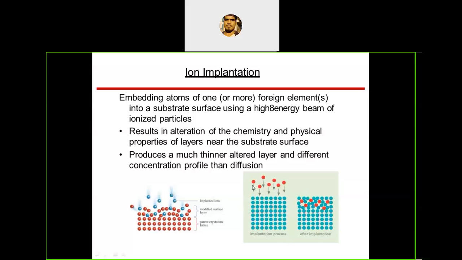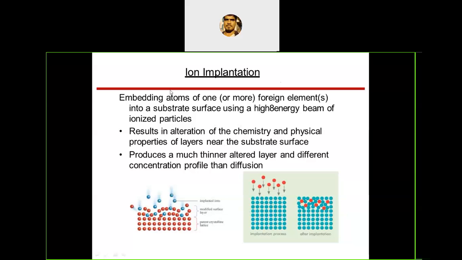These ions are either positive or negative, and the target is the opposite. If it is negative, the other one is positive, so positive atoms will be attracted by the negative ions. So these negative ions start depositing on the positive atoms. This is called ion implantation. It results in an alteration of chemical or physical properties of layers.